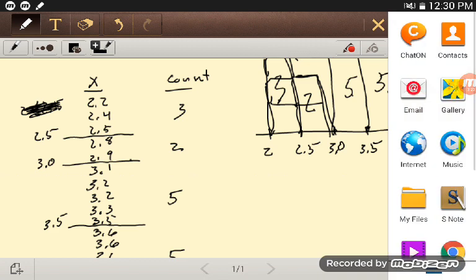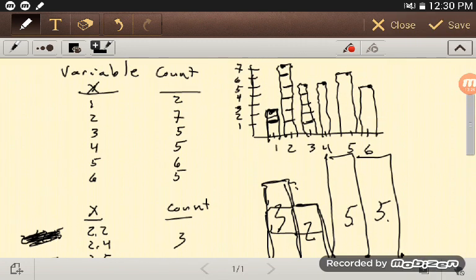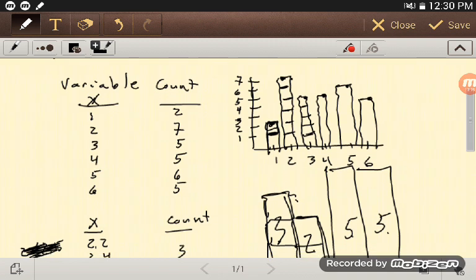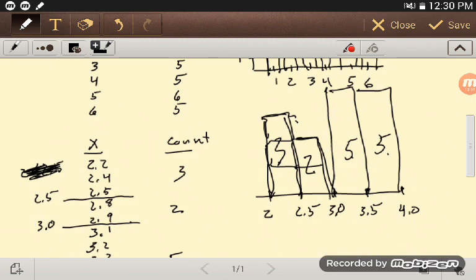Whereas when I see the bars that are separated by space, I'm saying, oh, I got a 1, I got a 2, I got a 3. Whereas here, when they're touching each other, I could have gotten anything in there between the lowest side and the highest side.